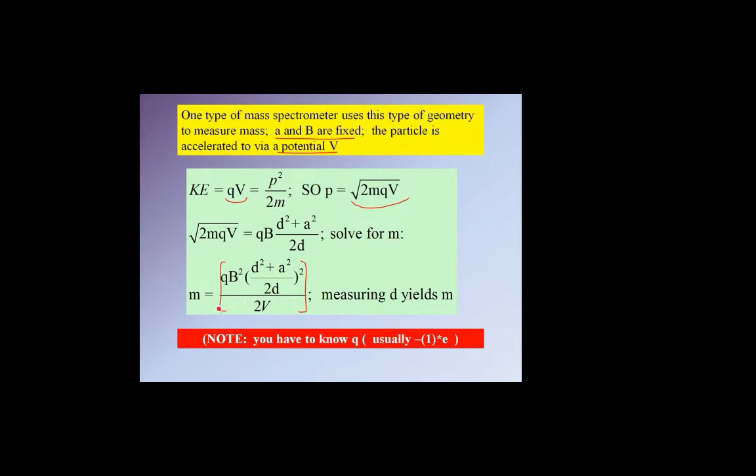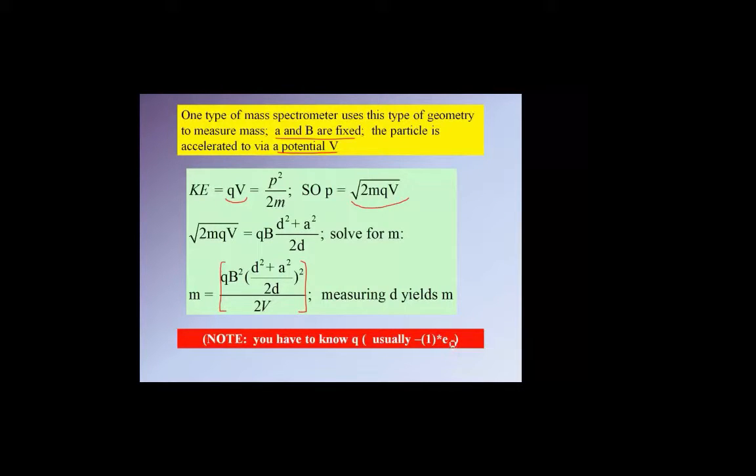Now, one thing about this is that you have to know the value of q. And of course the sign of q will change the direction of the deflection, and you don't want that. You want the deflection to be in a certain direction for a given magnet. Q in general is produced by taking a neutral atom or molecule and ionizing, usually by electron bombardment or laser bombardment. And so what you normally get, the largest number of ions are 1 times the magnitude of the charge on the electron.